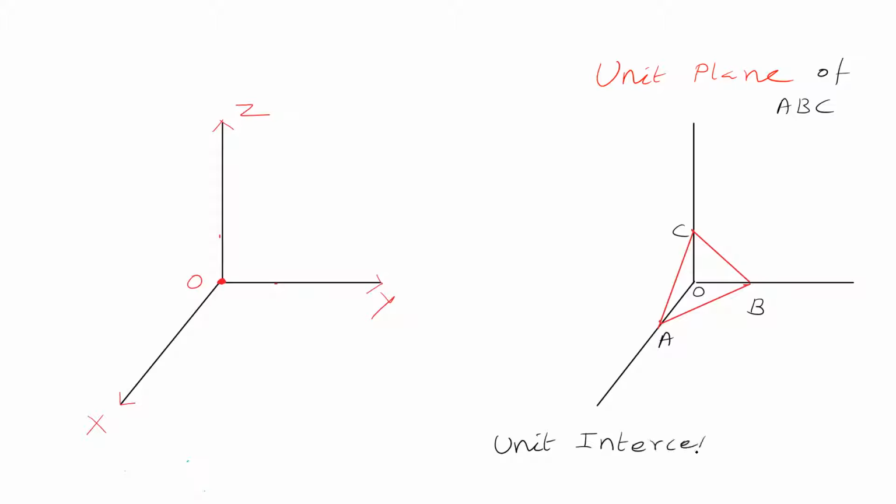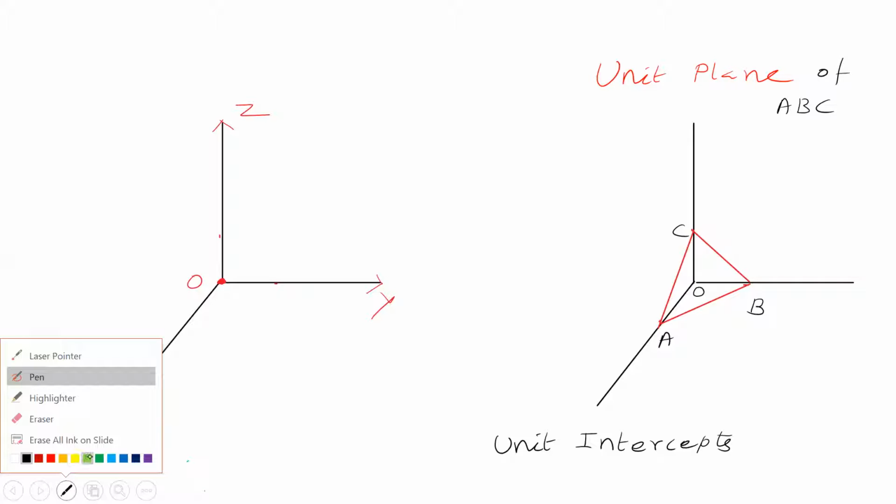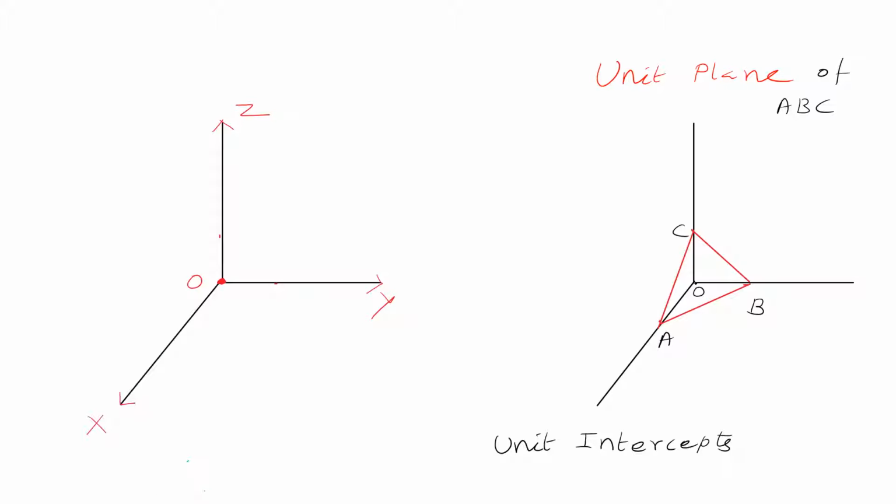From OA the unit intercept is a. For OB the unit intercept is b. For OC the unit intercept is c. That means this is a, this is b, this is c. We have given the unit intercepts.